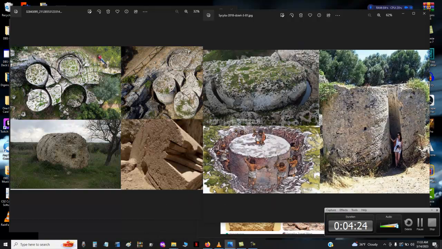Some images of a giant core. Let's say the woman in the picture on the far right is 5'2", which is the average for females. Let's round it down to 5 feet. This looks like it's 3 times taller than her, so 15 feet. So it's a 15-foot core, a round cylinder.